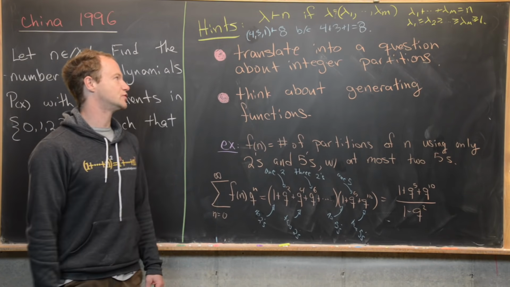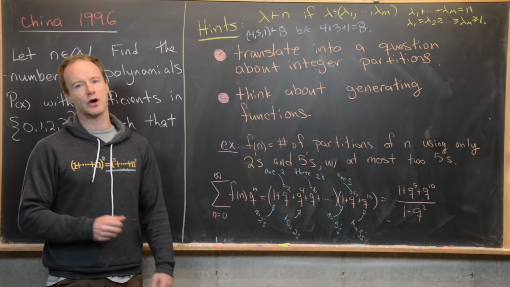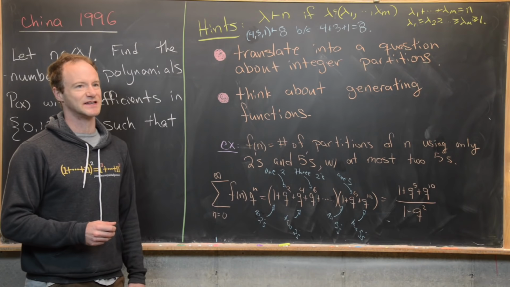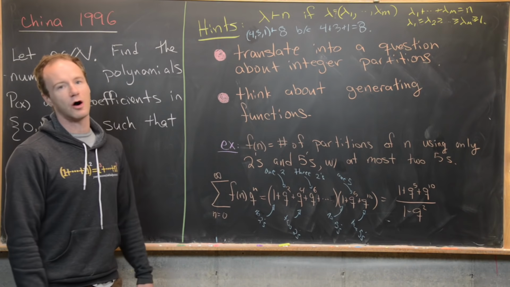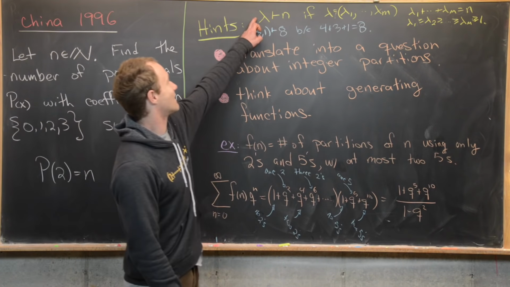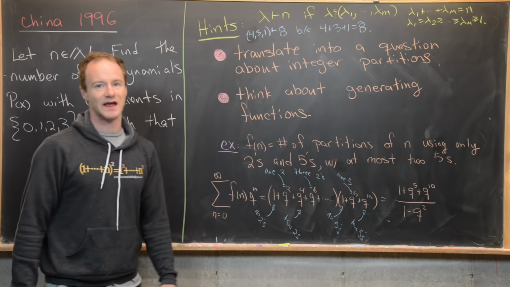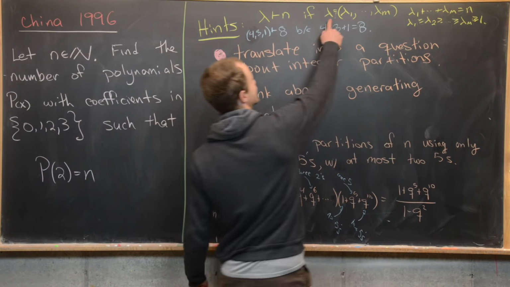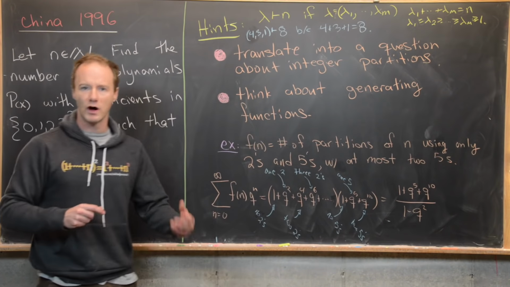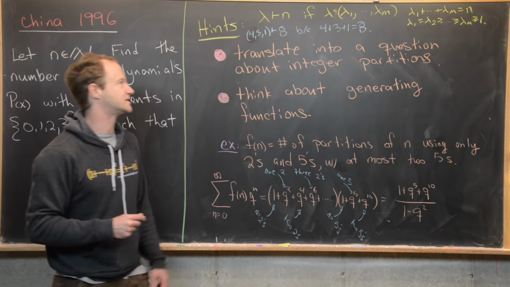Those of you who are well trained in math contests will know tons about integer partitions because they show up from time to time in math contests. But let's just recall what it is. We say lambda is a partition of n, and we use this symbol right here, if lambda is an m-tuple, so that could be a 1-tuple, a 2-tuple, and so on and so forth.